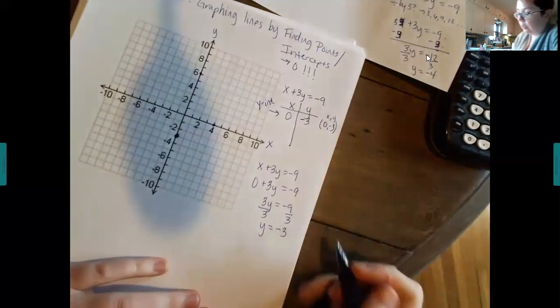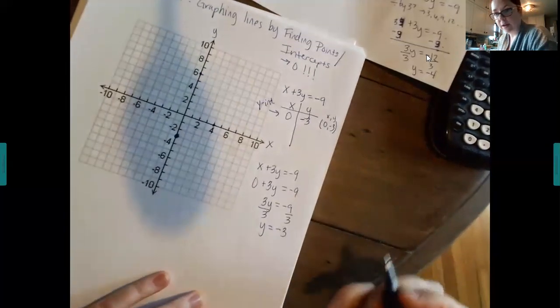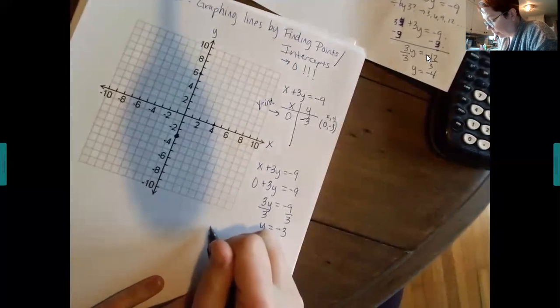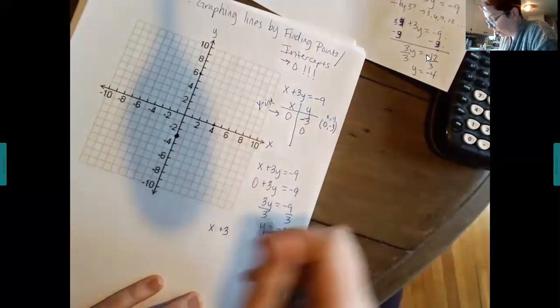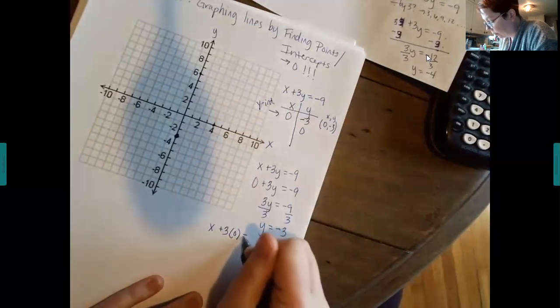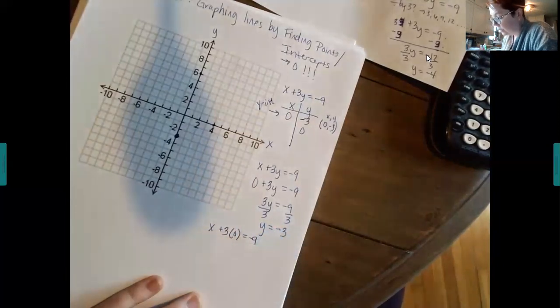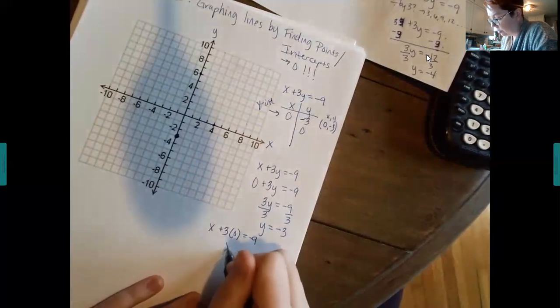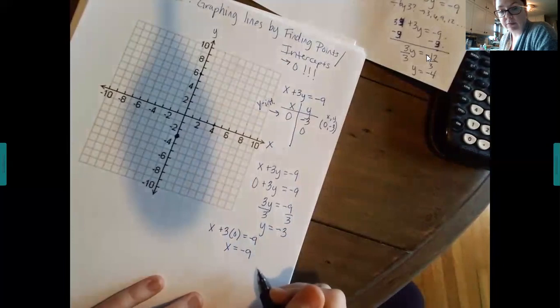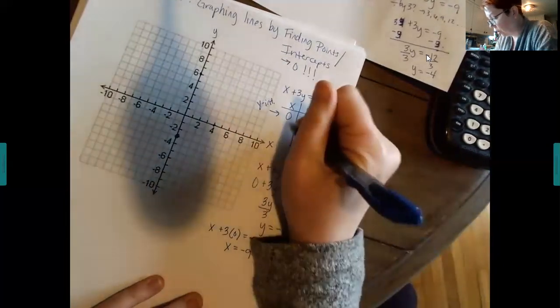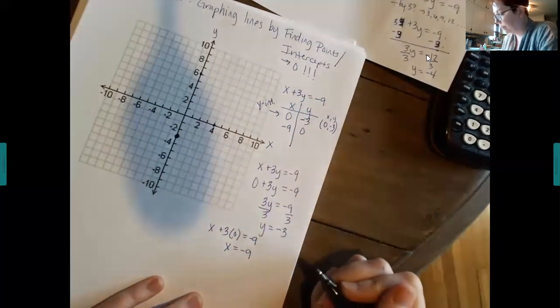Let's see where it crosses the x-axis. So in order to do that, I'm going to keep my x, but I'm plugging in 0 for y. So 3 times 0 is 0. So that's kind of gone. And I'm left with x equals -9. So really no math after that, right? You got it.